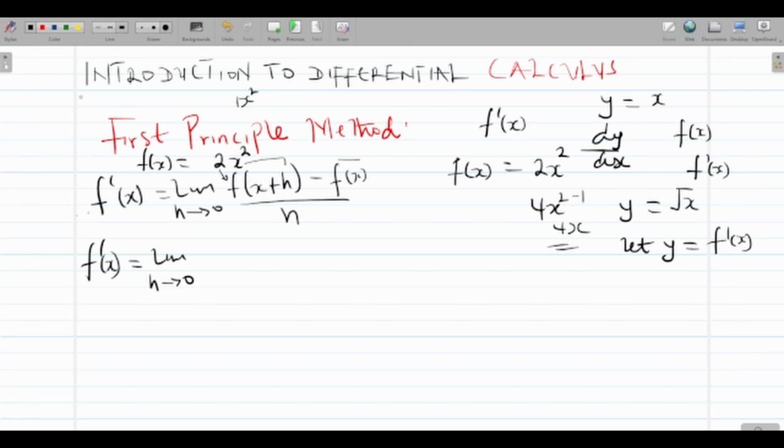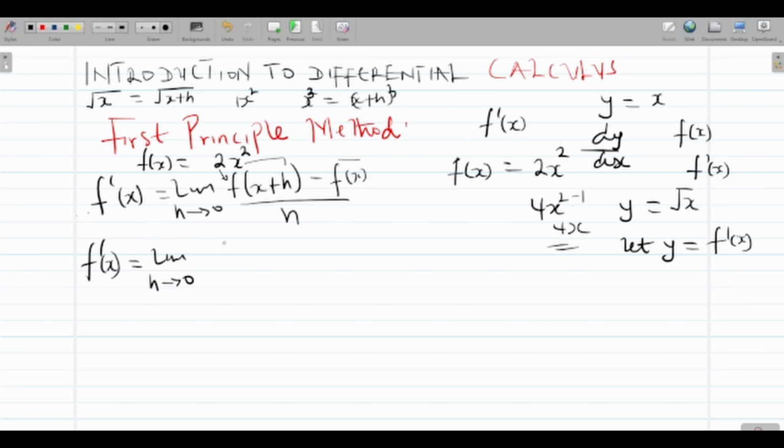If your x is in surd form, your x plus h will also be in surd form. If your x is to the power of 3, your x plus h will also be raised to the power of 3. Don't forget that, it's really very important.